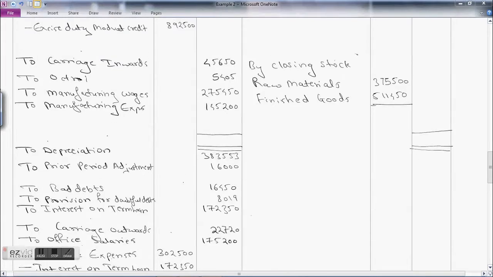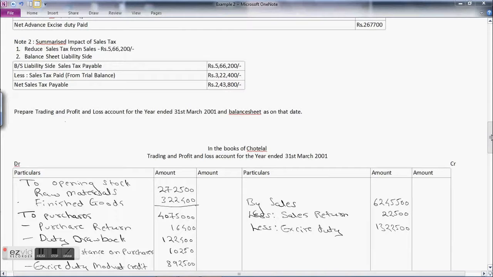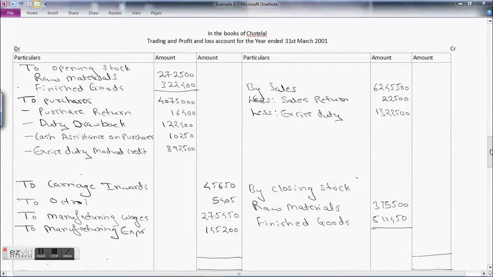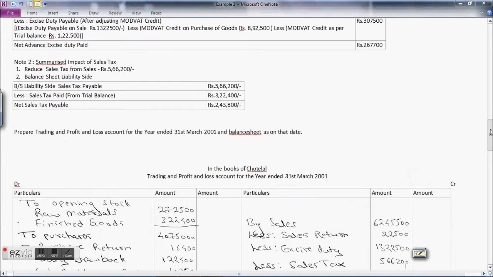Now let's go to note 2, that is sales tax. Reduce sales tax from sale 5,66,200. Then balance sheet liability side, we have sales tax payable 5,66,200.